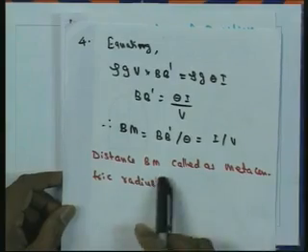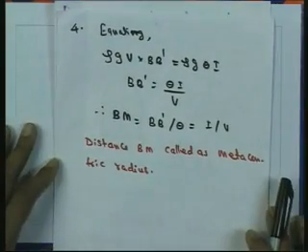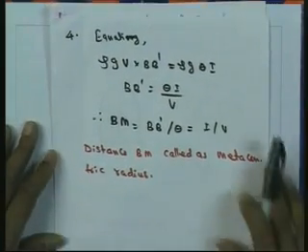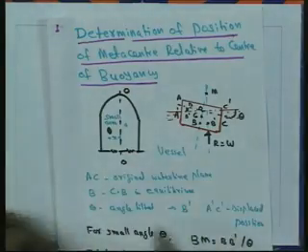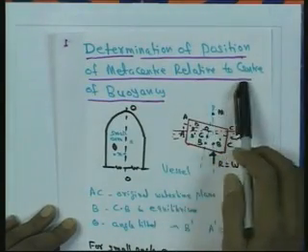So, this distance BM is called the metacentric radius. Like this we can determine the position of the metacenter relative to the center of buoyancy.